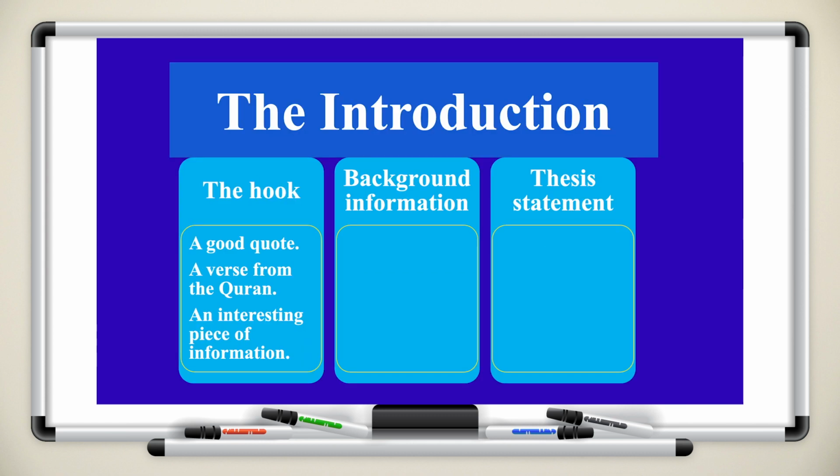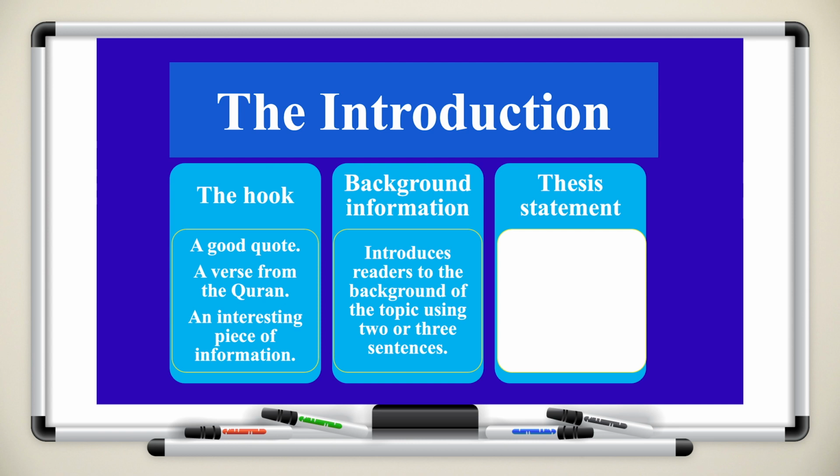Let's take a look at the introduction. The introduction has 3 main parts: the hook, the background information, and the thesis statement. The hook is a good quote, a verse from the Quran, an interesting piece of information, anything to grab the attention of the reader; we call it a hook. The background information introduces the reader to the background of the topic using 2 or 3 sentences.